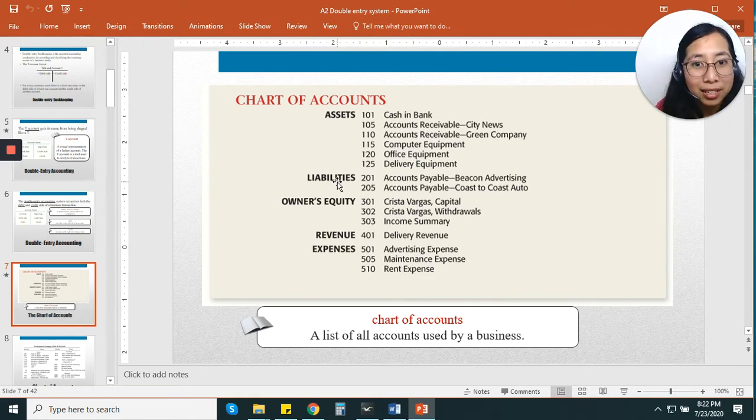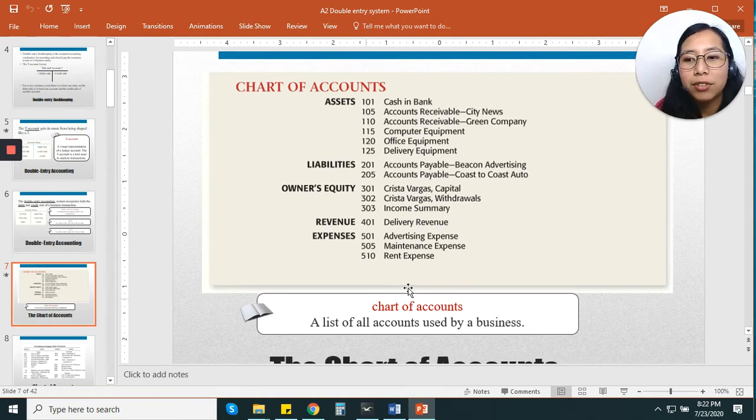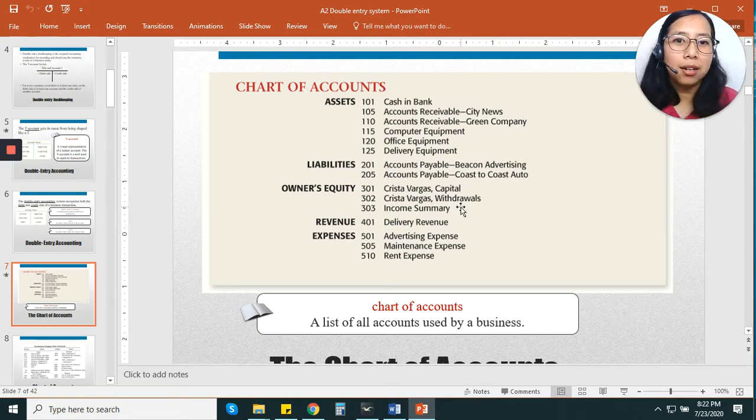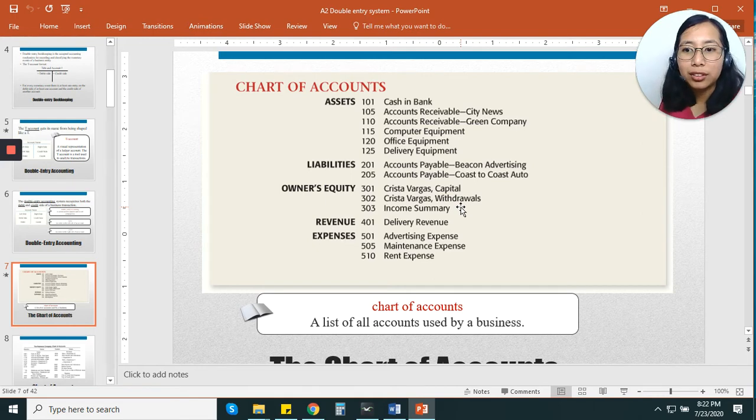Accounts payable is a liability. The chart of accounts is just a list po lahat ng mga account titles na ginagamit ng isang business. A small business may have maybe 20 account titles. A big business may have 50 or 100 and above na account titles. It depends po kung paano nila kinaklasify yung mga business transactions nila.